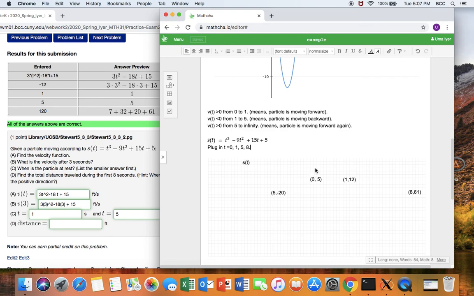When t is 0, I get value 5. When t is 1, I get value 12. You will have to plug it in and check for yourself. When t is 5, I get value negative 20, mind you. That's why it's written behind. And lastly, when t is 8, I get positive 61. Plug in these values, make sure I'm correct.